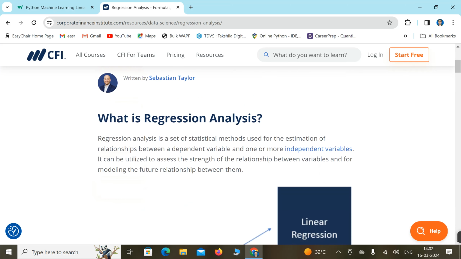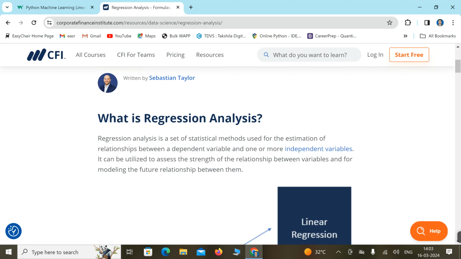So analysis here is a set of statistical methods which are used for estimation of such a relationship. Python has several tools for this kind of estimation. So it is the set of various statistical methods used for the estimation of relationships between a dependent variable and one or more independent variables.